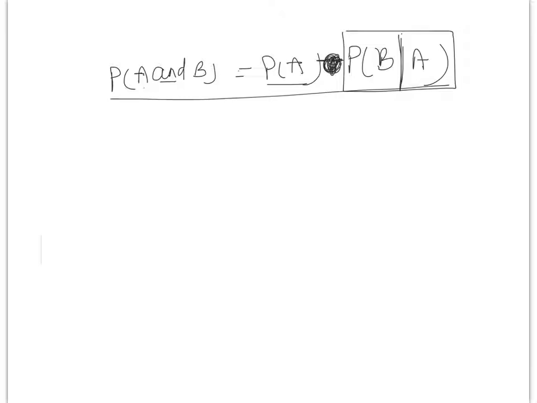Then what we need to do in this rule is solve for probability of B given A. Now these are just numbers, so I divide both sides by probability of A, so that cancels the probability of A, and what I've done is solved for probability of B given A.